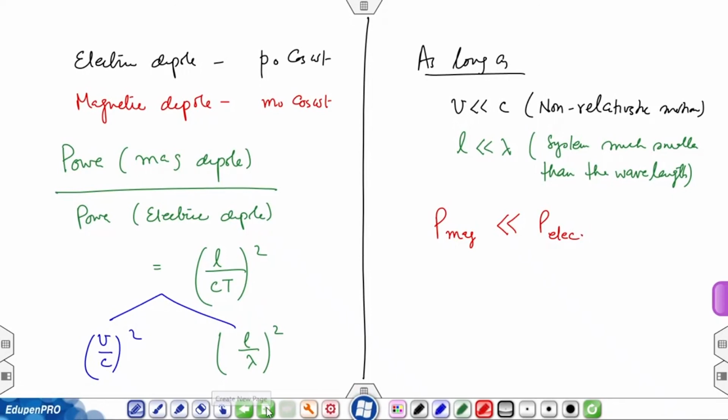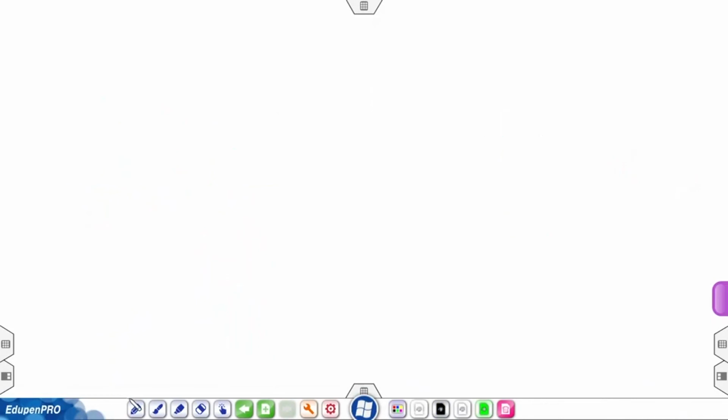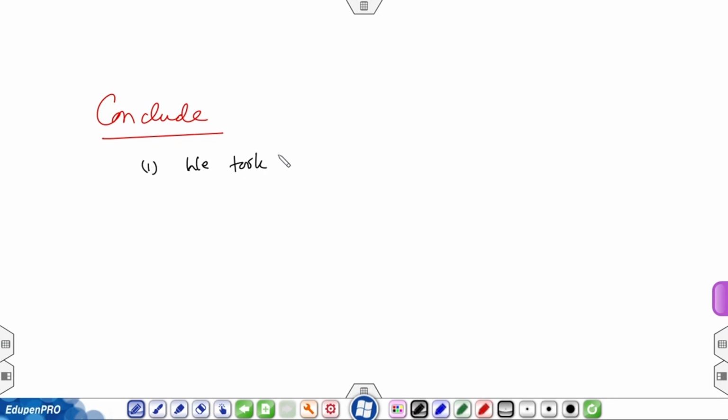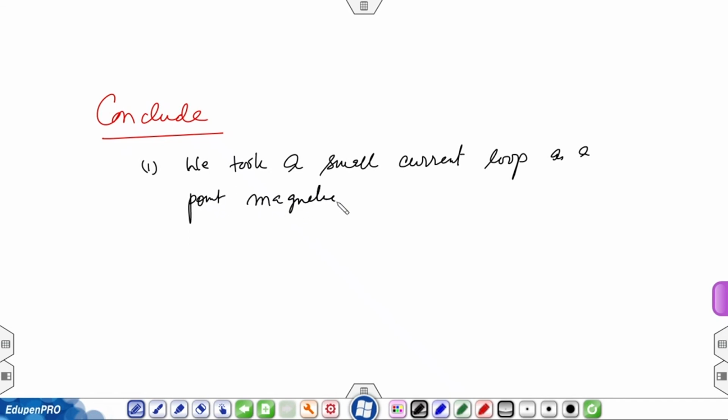So, let me conclude this lecture by writing that we took, one, a small current loop as a point magnetic dipole. Two, calculated the vector potential and the corresponding fields for it.